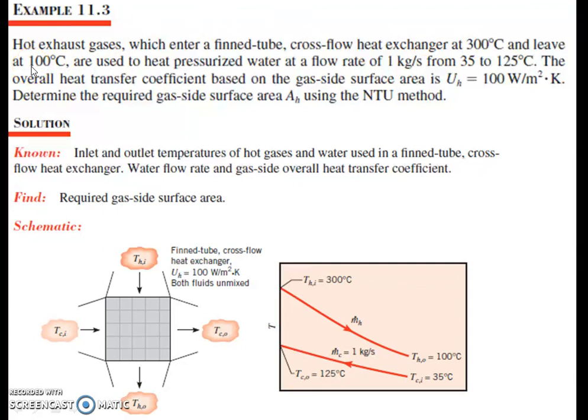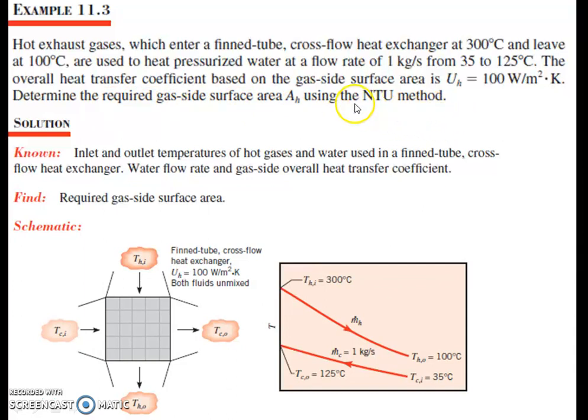So in counterflow, it may reach higher than the hot pipe. The overall heat transfer coefficient based on the gas side surface area equals 100. This will help us calculate the NTU. Now the question says to determine the required gas side surface area using the NTU method.